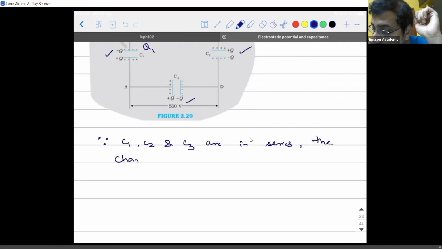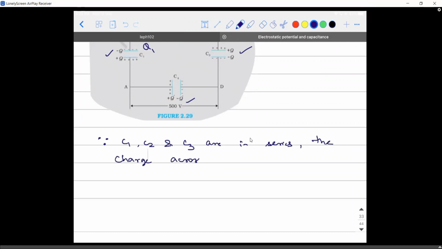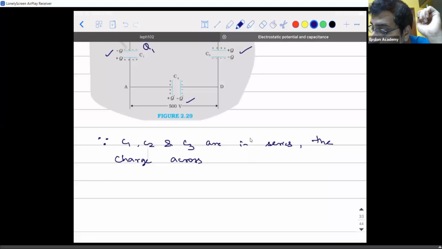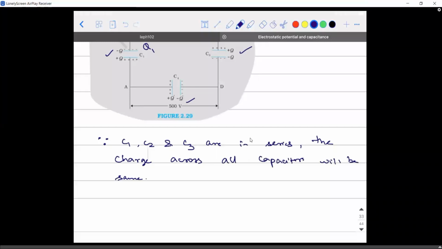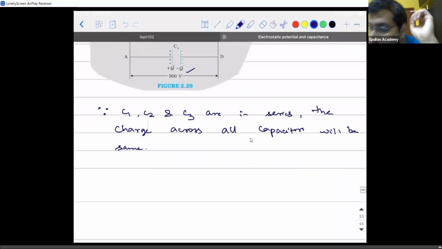The charge will be the same across C1, C2, and C3. But what is going to get divided? Potential difference. Potential is going to get divided. This is a known point, right? But across C4, there is a fourth capacitor. How is C4 connected across the battery?